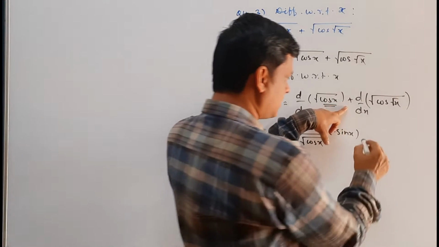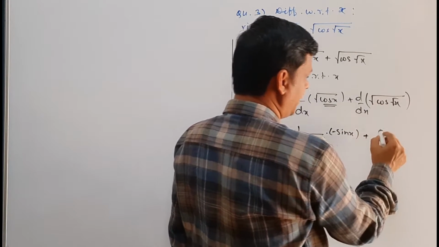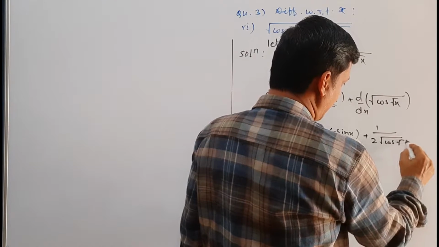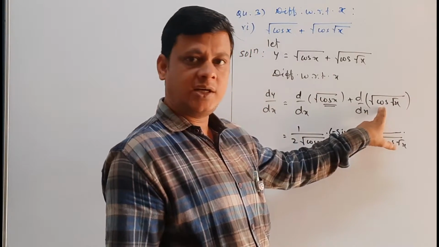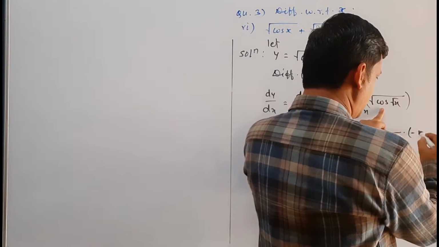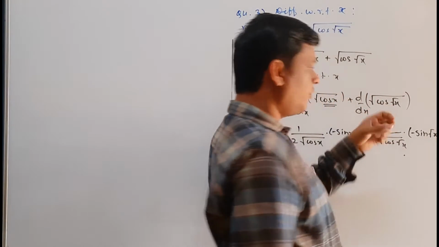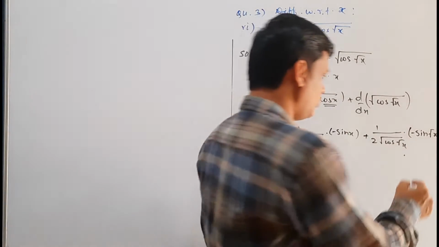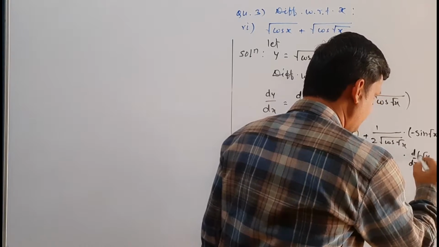Then plus, we have to find the derivative of this outer root, so we write 1 upon 2 root cos of root x. Then we have to find the derivative of the inner function, that is cos. So the derivative of cos of root x is minus sin of root x into d by dx of root x.